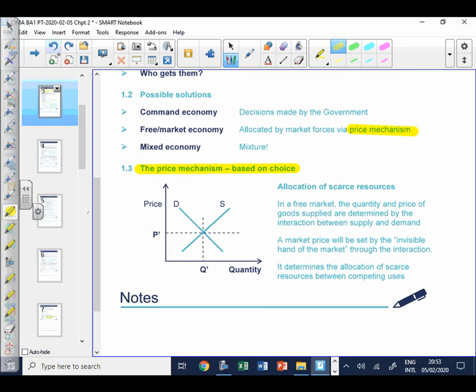The market price will be set by what we call the invisible hand of the market, and that's where the two graphs intersect. So if this is your supply line, this is your demand line, where the two intersect means we all agree on a specific price and a specific quantity, and that's how we find how much we should produce and what price we should ask for it.